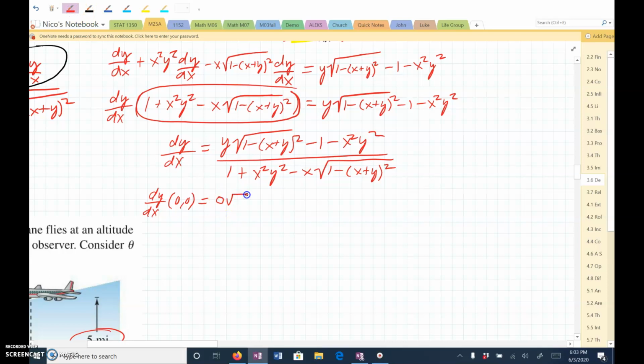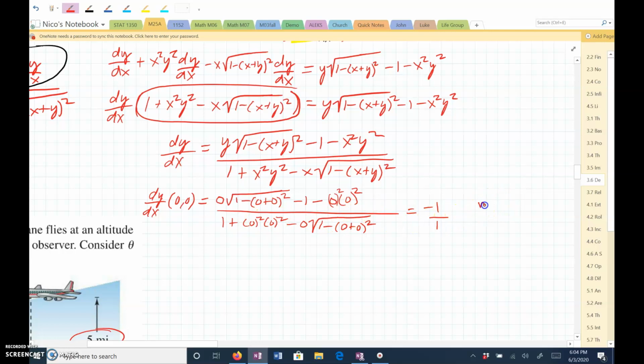So it looks like the numerator is going to end up being negative 1, the denominator is going to end up being 1.